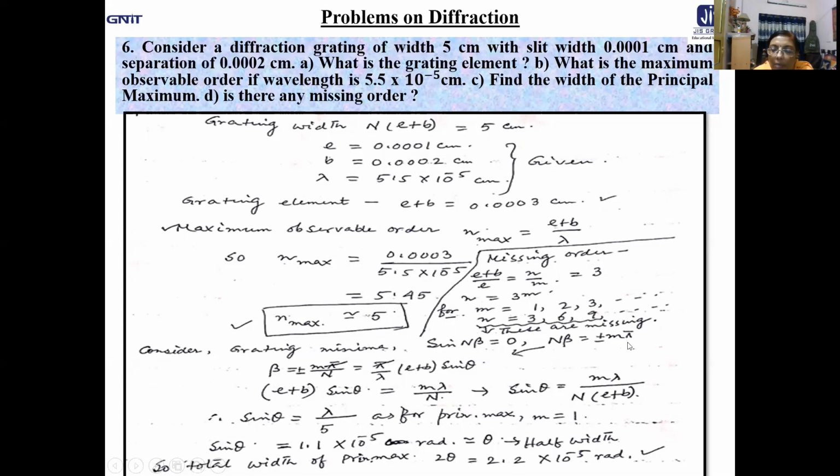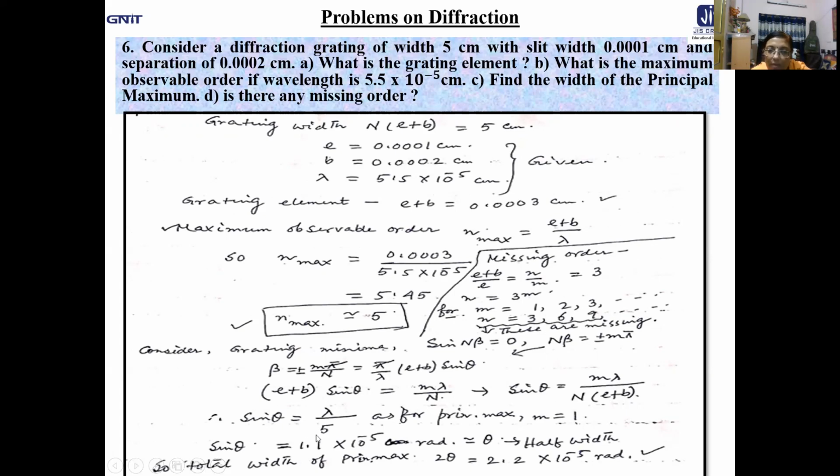That means N beta equal to plus minus m pi, where m is the order of minima. Now by putting the value of beta, (e plus b) sin theta equal to m lambda by N. That means sin theta equal to m lambda by N into (e plus b). Now capital N into (e plus b) is the grating width, so the value is given as 5.